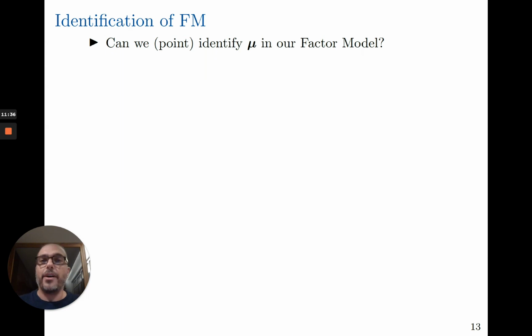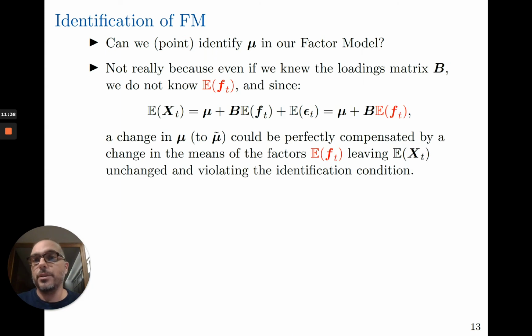Can we point identify mu in our factor model? Bad news, not really, because even if we knew the loadings, we do not know the expected value of the factors, the mean of the factors. So the expected value of x is mu plus B times the expected value of f plus the expected value of epsilon. Of course, the expected value of epsilon equals 0, okay?